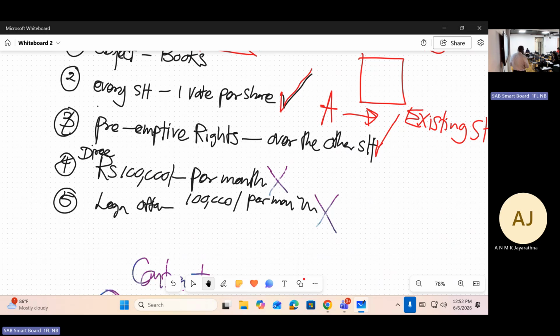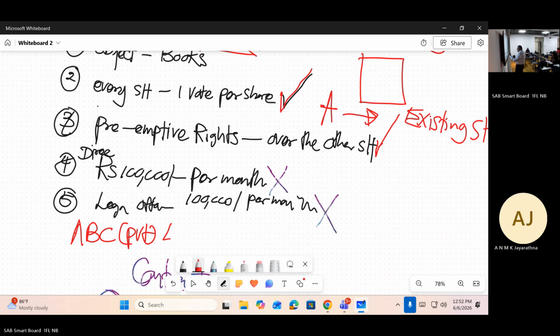The company is ABC Private Limited. Then, in the articles of association, it says every director is entitled to receive 100,000 remuneration per month.